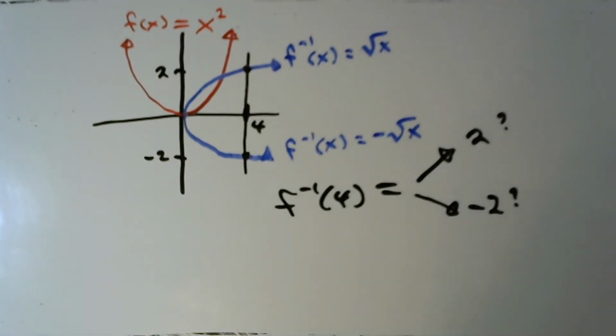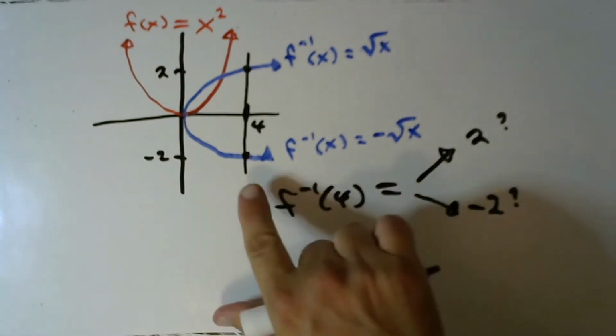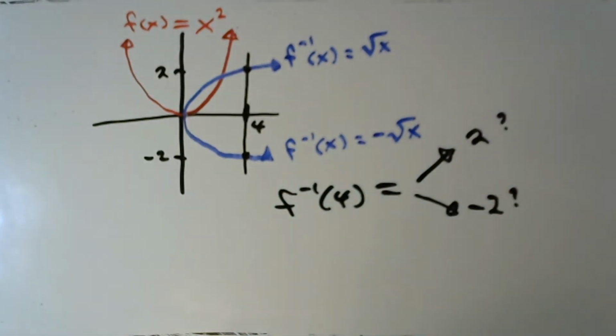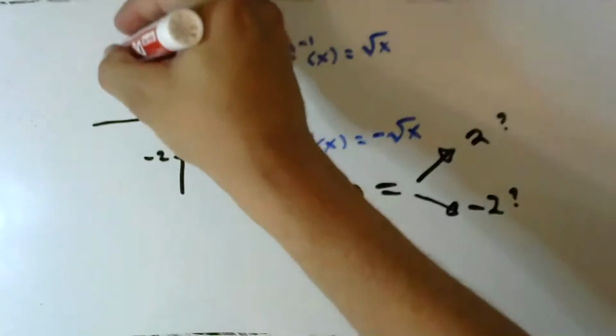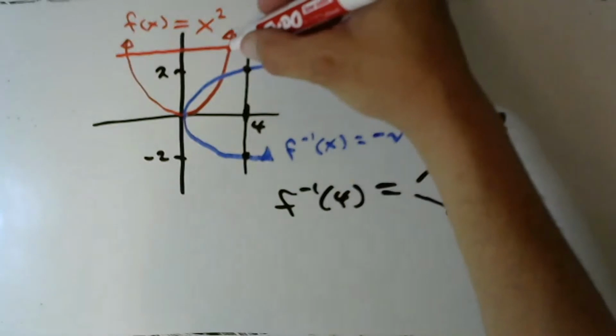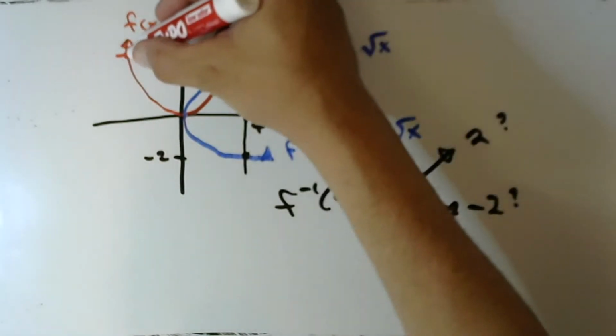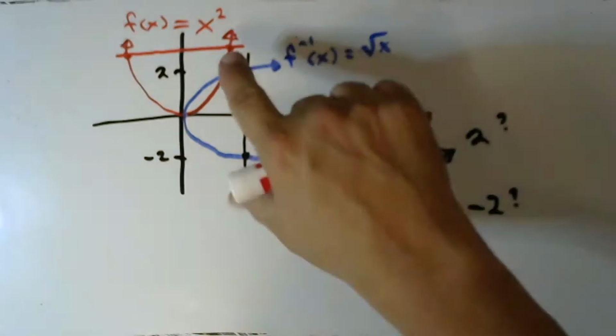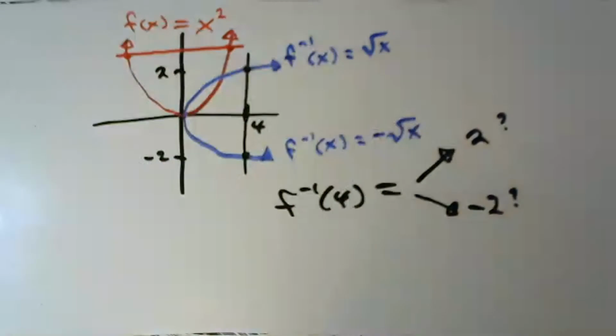Now, I want to point something out. Notice that this fails the vertical line test, but I just want to point it out for now. If I put a horizontal line through x squared, of course, the horizontal line intersects here and here, intersects it twice, more than once.